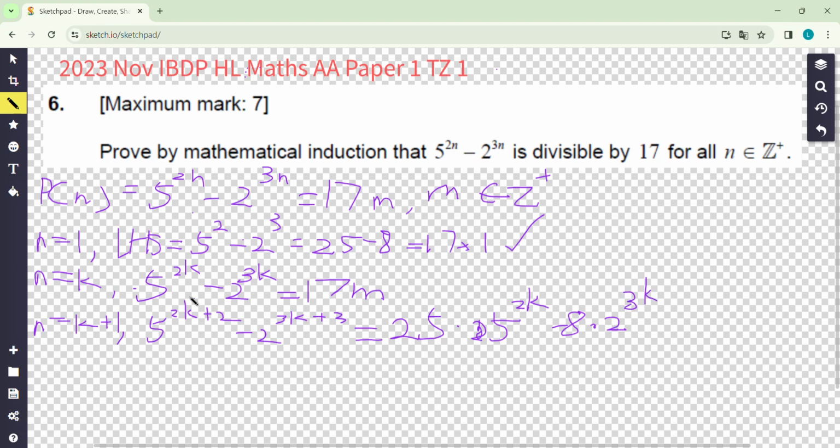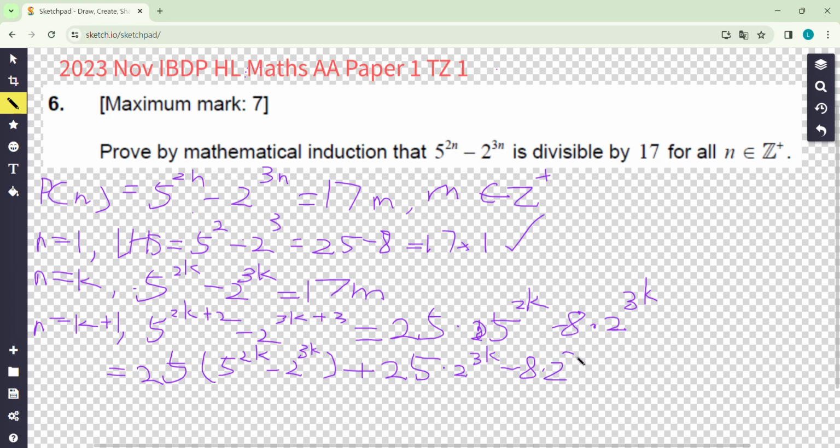And then you have to make this form, so make it 25 all together: 25 times (5 to the 2k minus 2 to the 3k). And then you have to add 25 times 2 to the 3k back, and then minus 8 times 2 to the 3k.